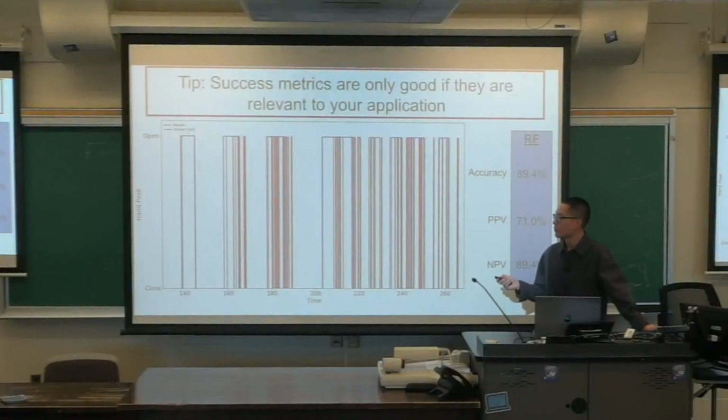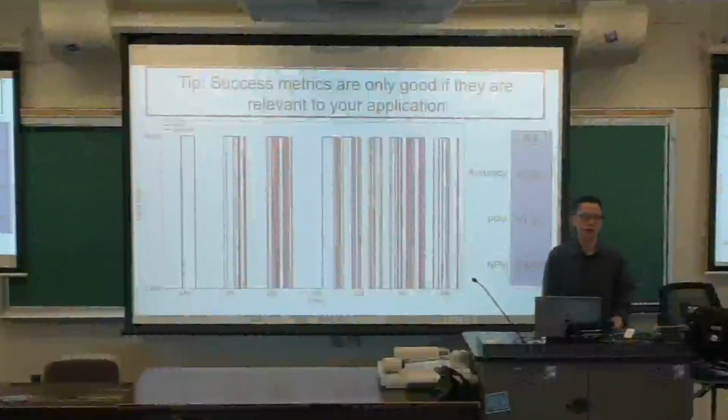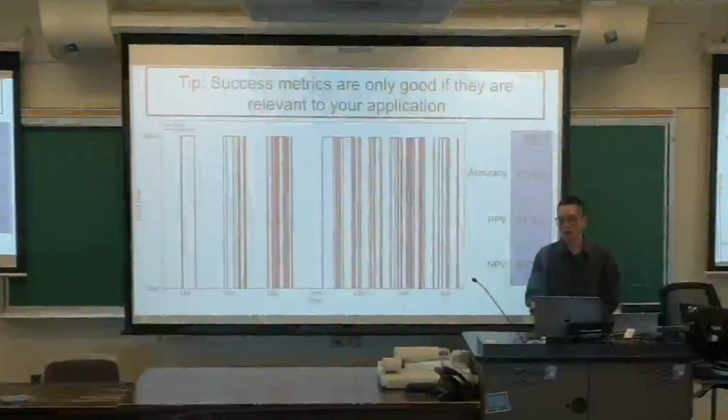Our model is switching between open and close too frequently, even though it achieves around 90% accuracy. This is not what we want at all, because if this translates to the real hardware, there would be a lot of open and close motions. The lesson we learn here is that success metrics are only good if they are relevant to your application.